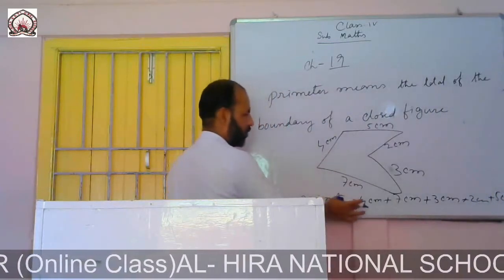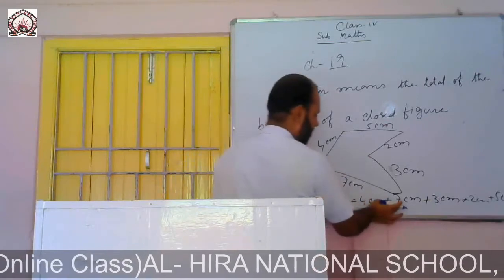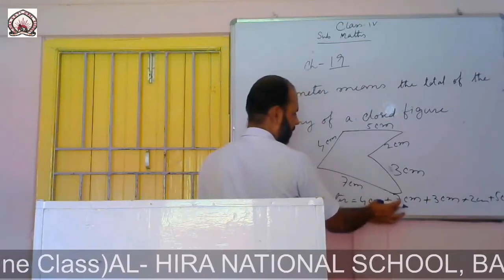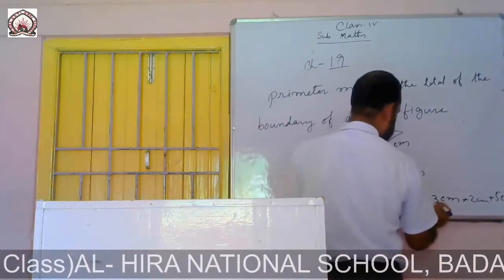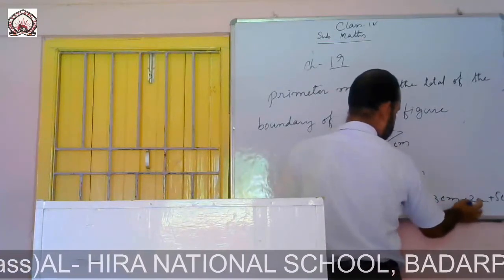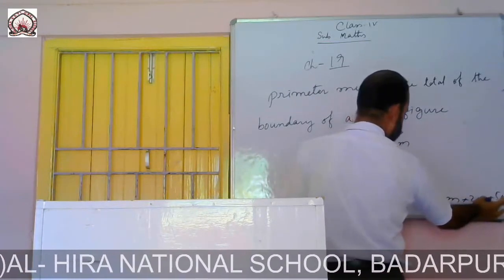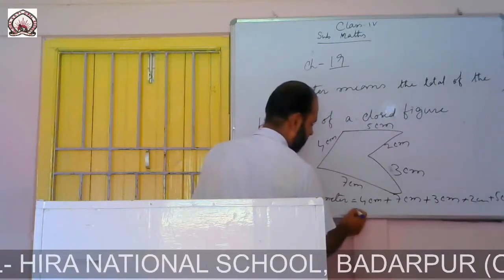Now we add: 4 plus 7 is equal to 11. 11 plus 3, 14. 14 plus 2, 16. And 16 plus 5, 21 centimeter.